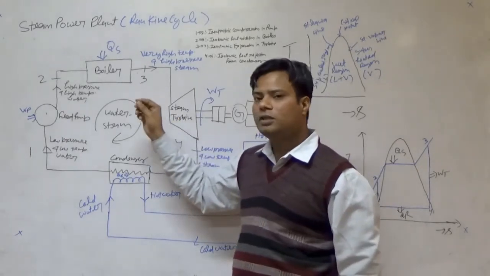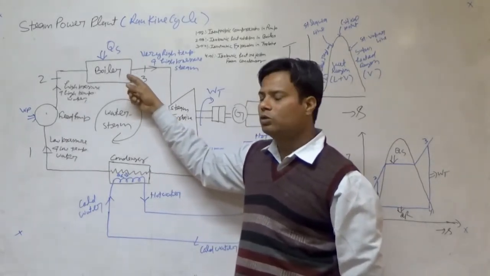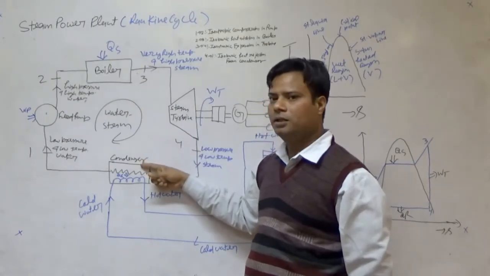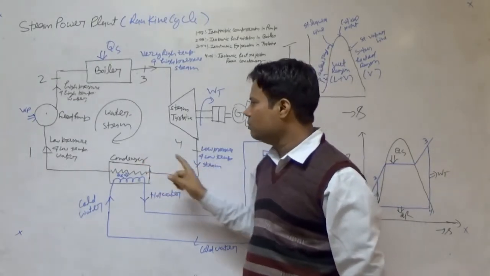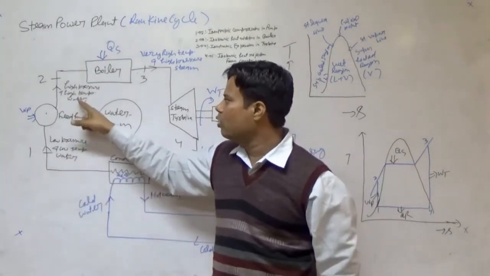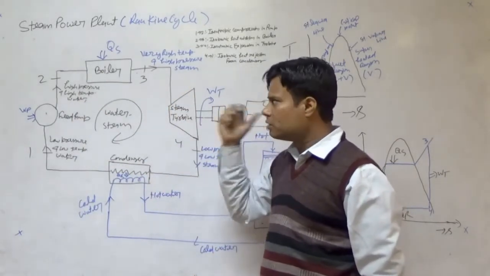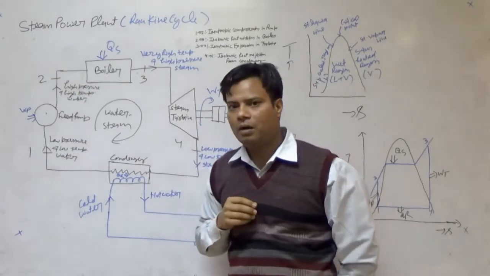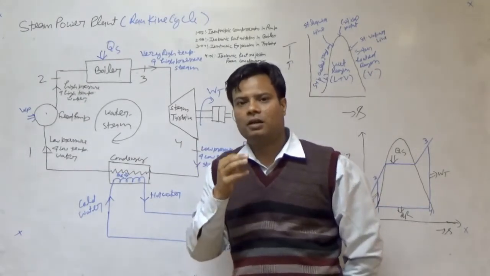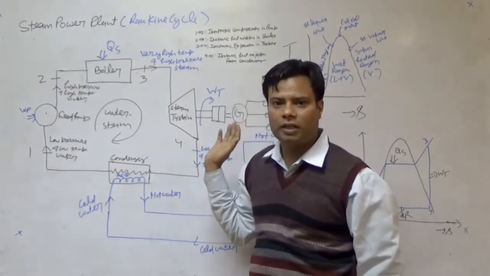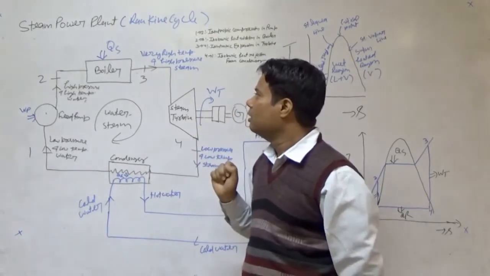So phase changes happen only in these two devices, the boiler and the condenser. In the condenser, steam is converted into water, and in the boiler, water is converted into steam. This is the working principle of our steam power plant proposed by Sir Rankine, that's why it is also known as the Rankine cycle.